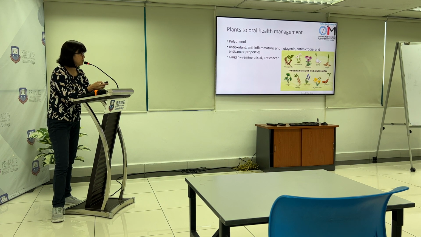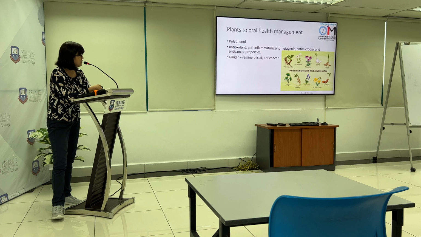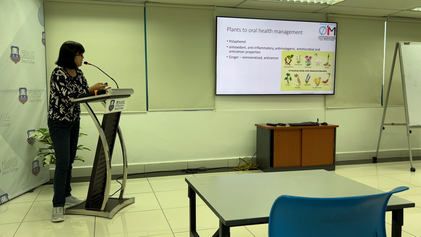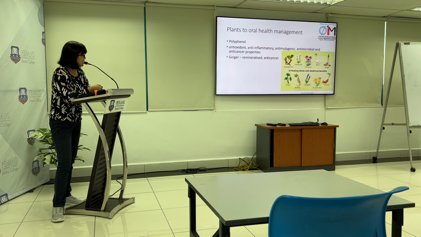There are also a group of researchers from UKM working closely with medicinal plants, because all these medicinal plants are high in polyphenol. They have antioxidant, a lot of anti properties. For example, like ginger, it can help to remineralize the teeth and also anti-cancer.